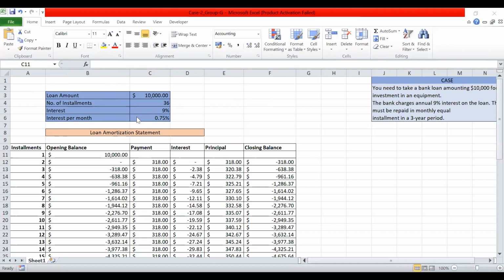So the payment will be opening balance into interest rate. And principal is installment.